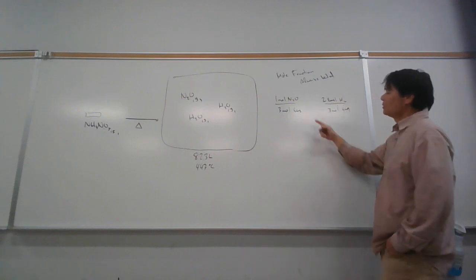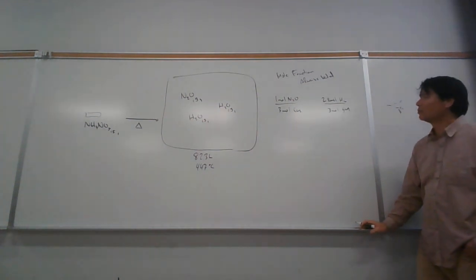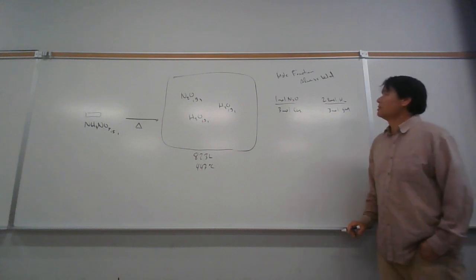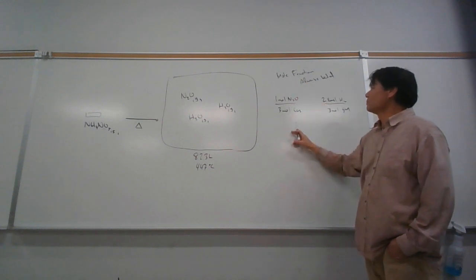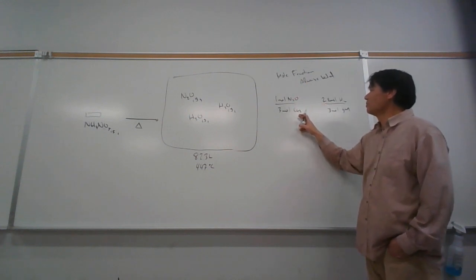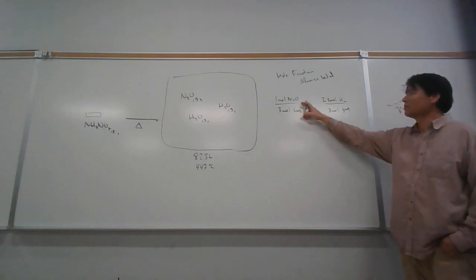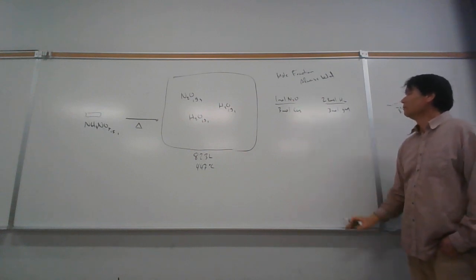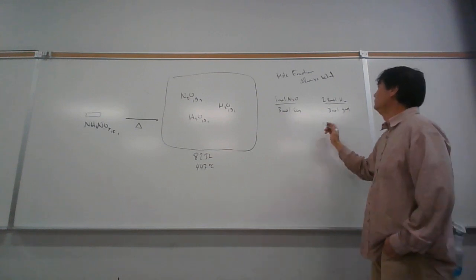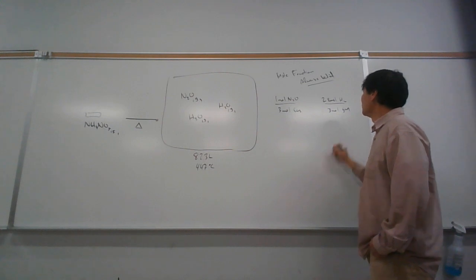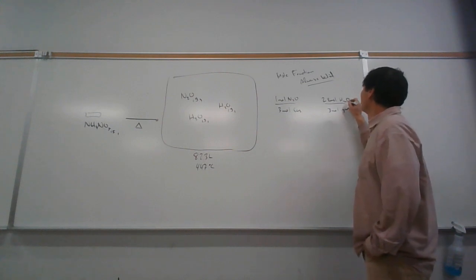And these two have to add up to 100%, or 1 over 1. So 1/3 plus 2/3 gives us 3/3, or 100%. Or we can do this in terms of mole percentage. In terms of mole percentage, 1/3 is 33%, 2/3 is 67%. So 33% N2O, 67% H2O gas.